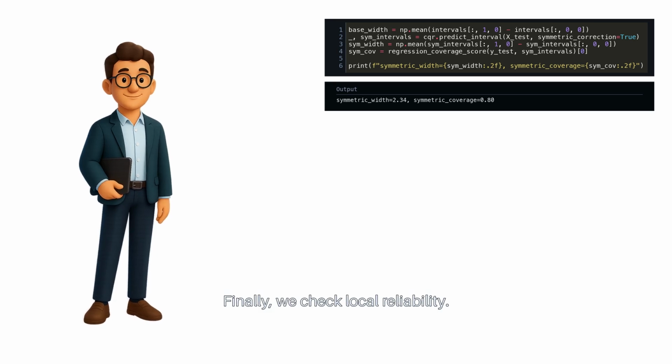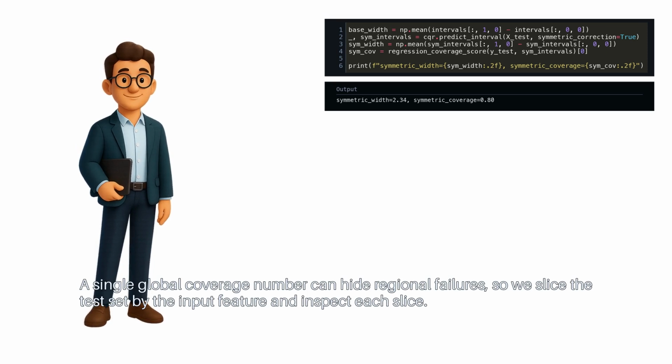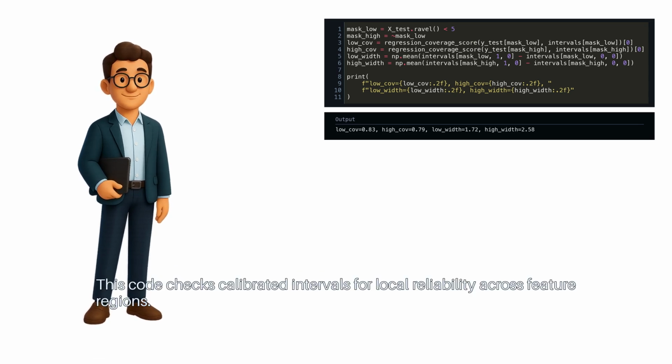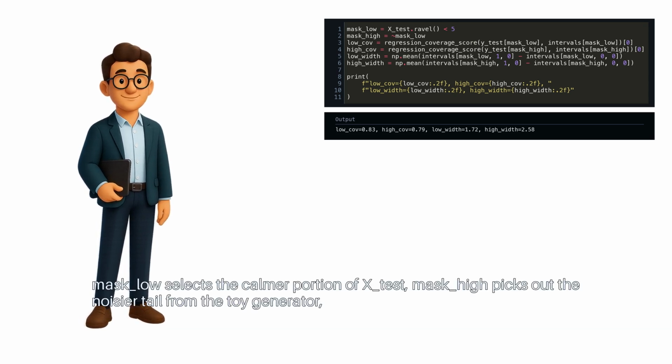Finally, we check local reliability. A single global coverage number can hide regional failures, so we slice the test set by the input feature and inspect each slice. This code checks calibrated intervals for local reliability across feature regions. Mask low selects the calmer portion of X_test.